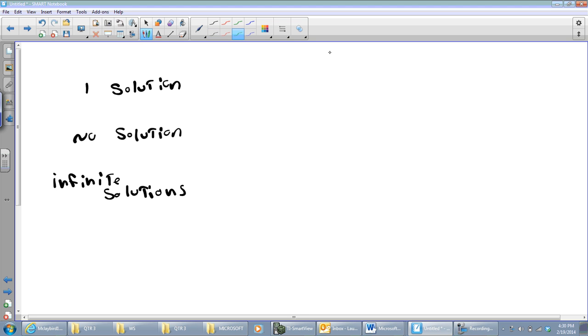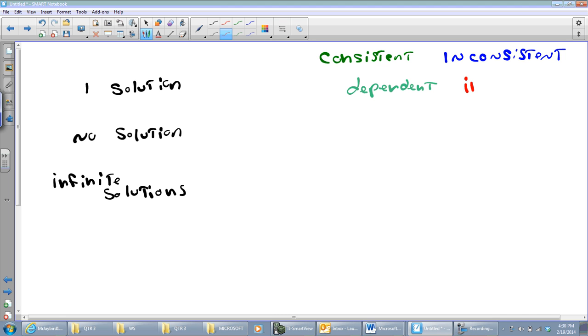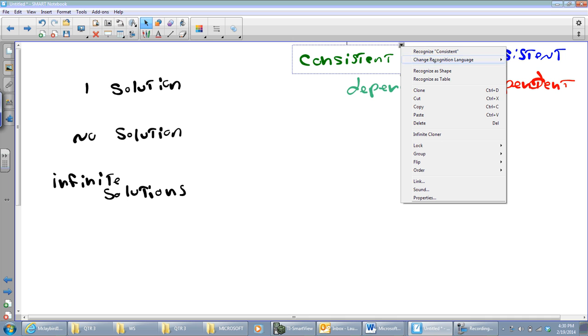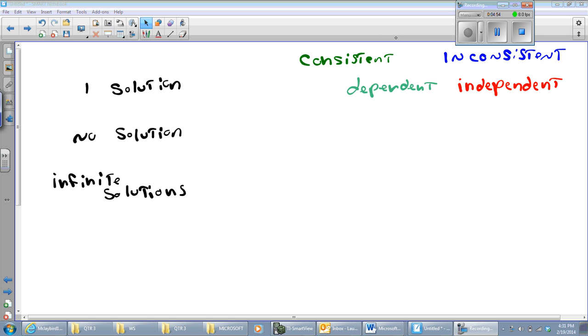And then we have the words consistent, inconsistent, dependent, and independent. Okay, so I've cloned these words just to review really quick.